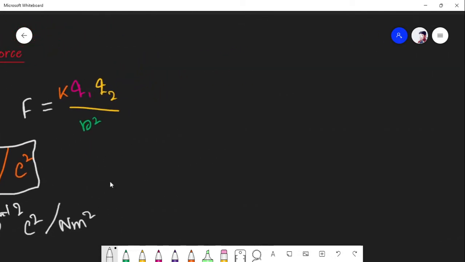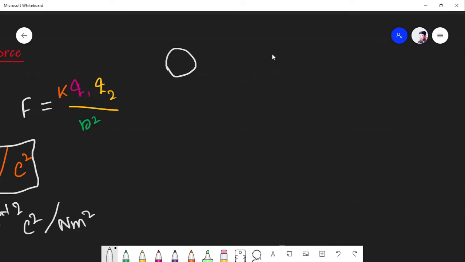So what does this electric force actually mean? Notice that the charges are on the numerator part of the fraction. So the electric force is directly proportional to the charges. What does that mean? Let's say again there are two charges, and this time they're both positively charged, so they will feel a force of repulsion.